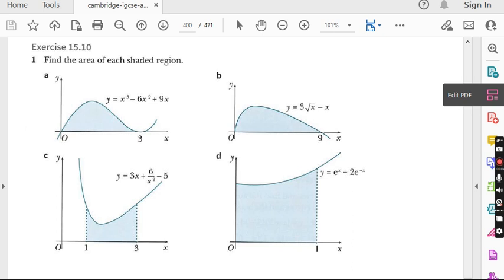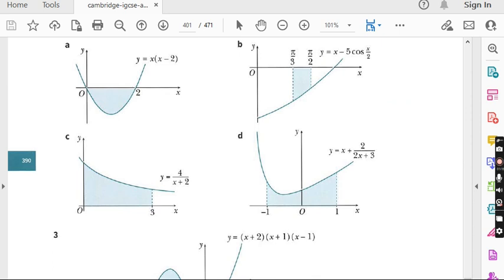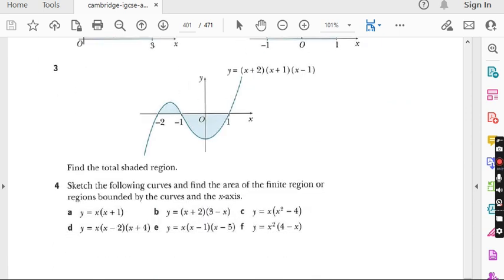If the shaded region is below the x-axis and our answer is negative, we must convert that answer to positive, which I didn't do. Therefore in today's class I am doing question number 3 again and explaining each and every step.